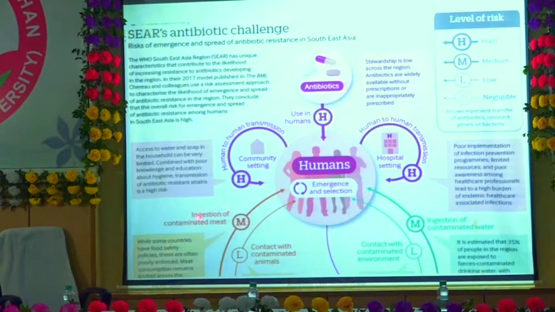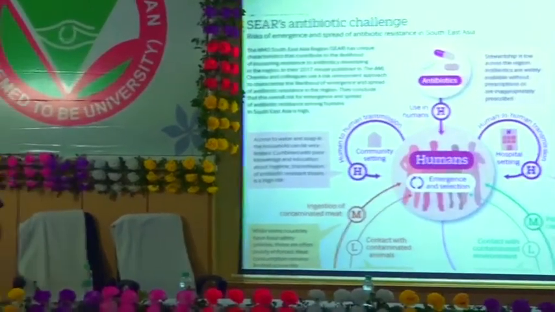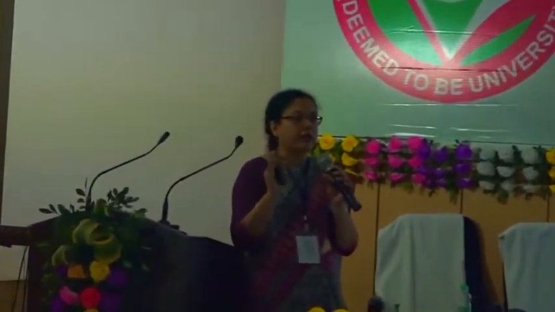Ingestion of contaminated meat. While some countries, for example Singapore, used to import a lot of meat from countries like ours, now they have stopped it because they know that in India there is no regulation on the amount of antibiotics that are used on animals.